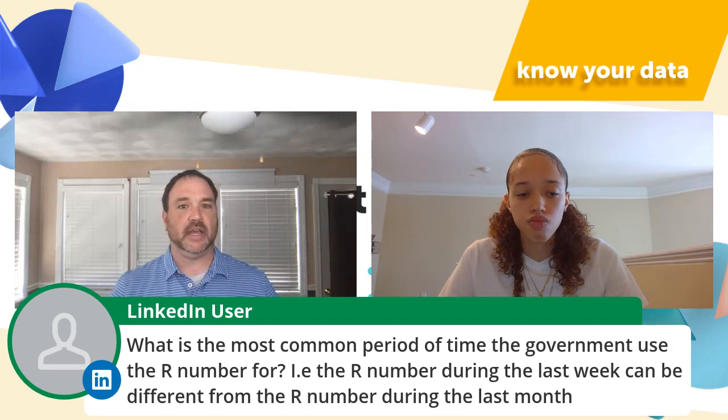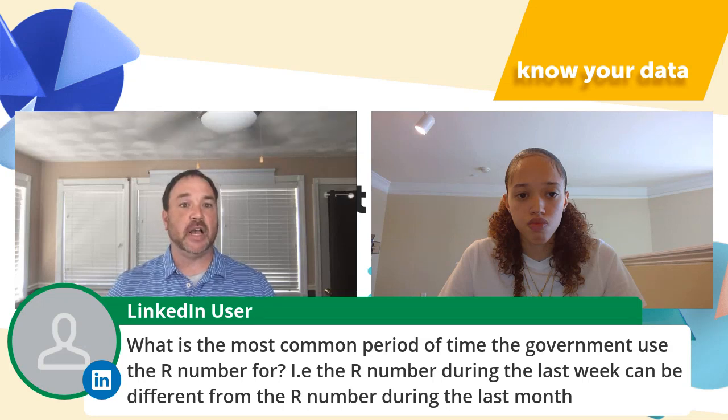So I can't speak for every government, but to answer the question, the R number is being used to validate how our policies against the disease spread are working. So as we social distance, we look at the R to see the number go down. As we start entering a phased reopening, we want to start looking at the R number. We know it's going to go up a little bit, but we want to try to keep it down.